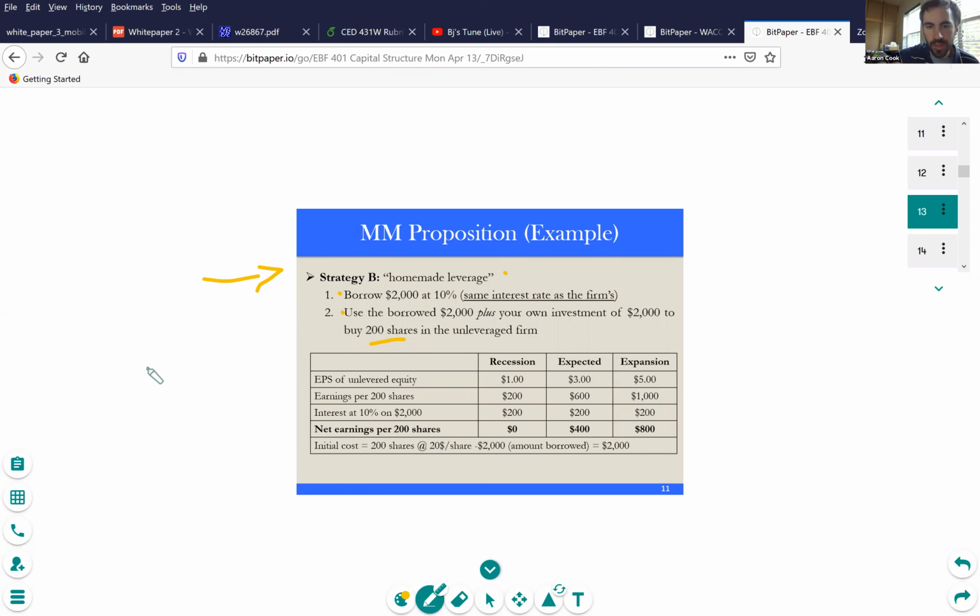So $2,000 of borrowed money, $2,000 of this person's own money. So in this case, he's buying 200 shares, and he has the payoffs now. Remember, we're in the unlevered firm case.